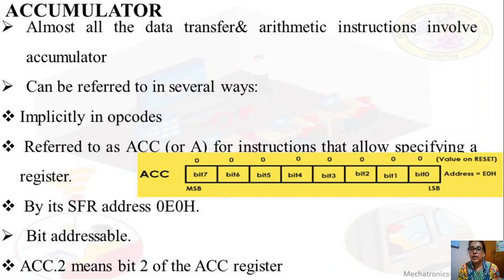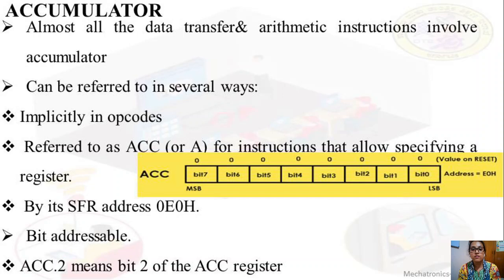This accumulator is used in almost all data transfer and arithmetic instructions. Arithmetic operations may be addition, subtraction, multiplication, division. The logical operations are AND, OR, NOT, NAND, NOR, XOR, XNOR. And for the data transfer operations between the 8051 and the external memory, the accumulator is used.